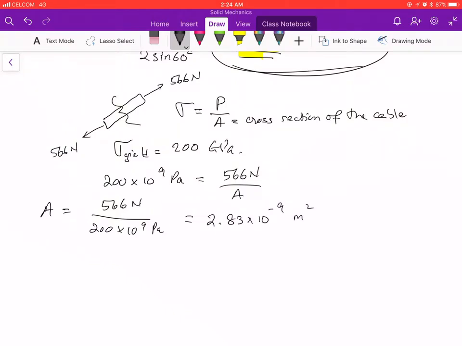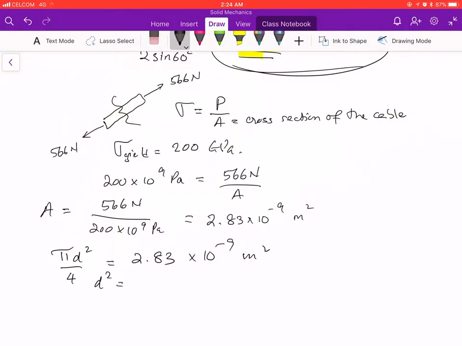And I will go ahead and solve for d, because I know the cross section of the cable is pretty much a circle. So I have pi d squared over 4, the area of the circle, equal to 2.83 times 10 to minus 9.